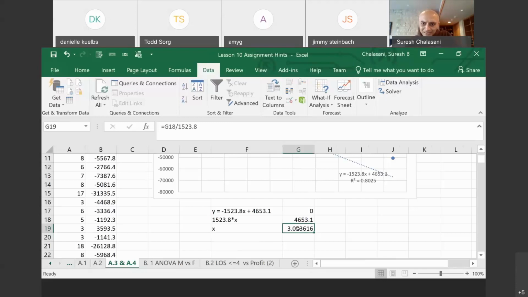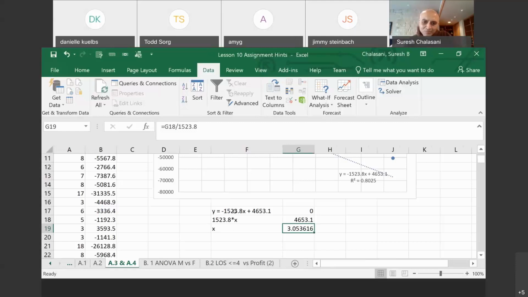If the length of stay increases above this 3, then I can clearly see in this equation, if I plug in length of stay of 4 times 1523.8, that would be about 6,096, right? So then I'm losing money. If my length of stay is 4, I'll have minus 6,096 plus 4653, then the profit is a negative number.